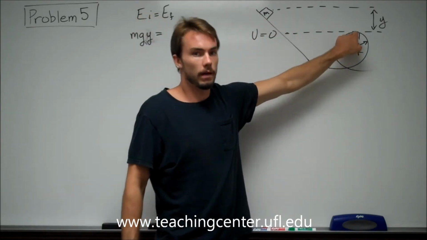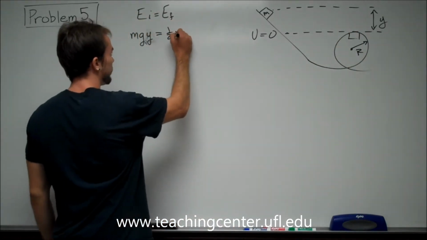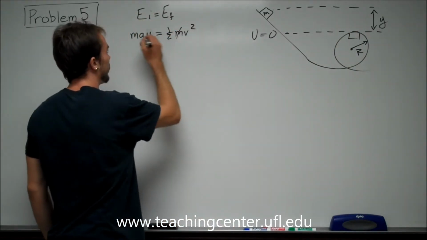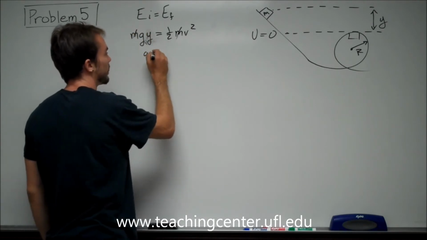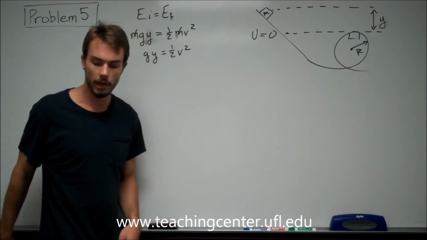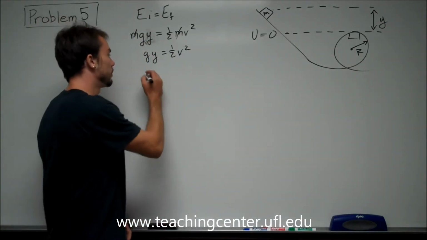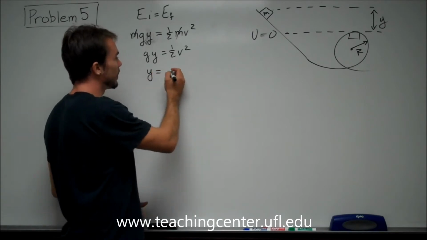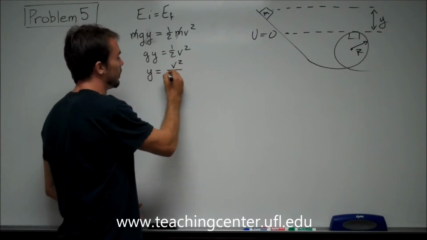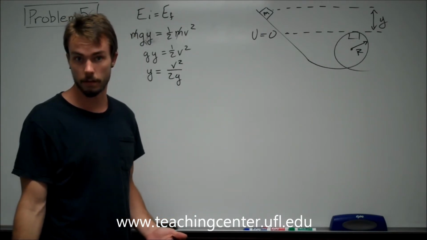It's moving, so it has kinetic energy, and there's nothing else going on, so mgy is equal to 1/2 mv squared. We can cancel our m's, and we're left with gy equals 1/2 v squared. Now what we're looking for is y, so we can rearrange it and say y is equal to v squared over 2g, which is not the format of any of the answers given to us.